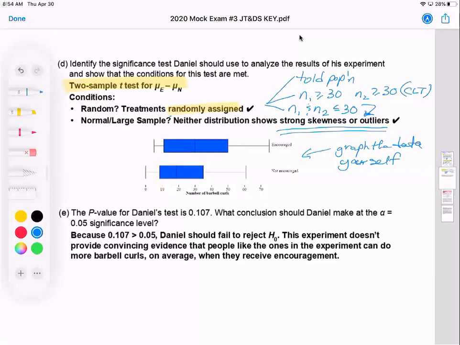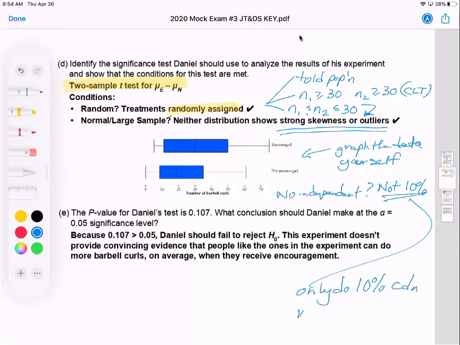You'll notice that there's no independent condition that they checked. The reason why they left off the independent condition is they don't want you to do the 10% condition here. It's not an experiment. We only do the 10% condition with samples, with random samples. Since this is an experiment, we don't do the 10% condition.